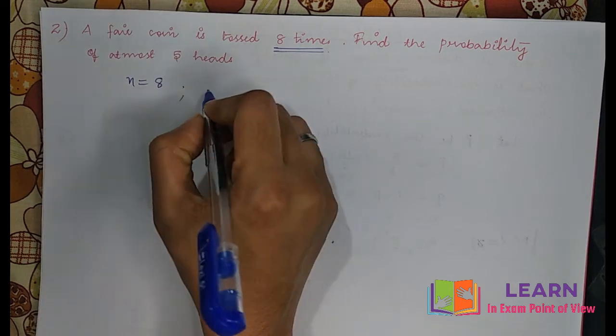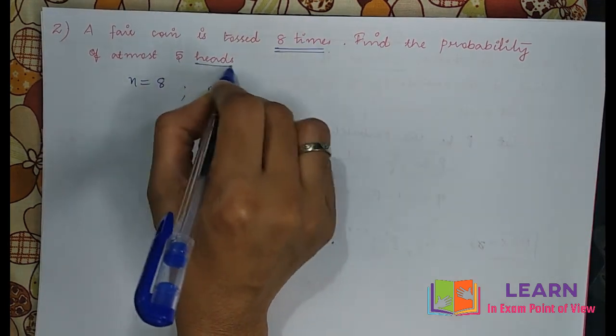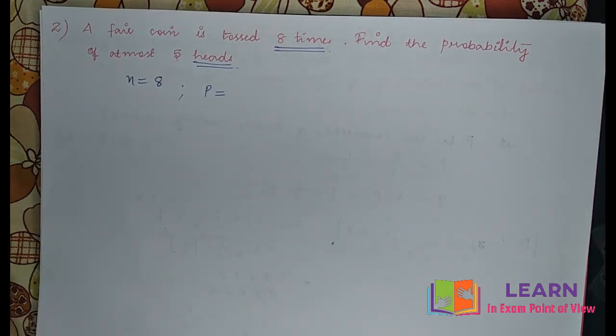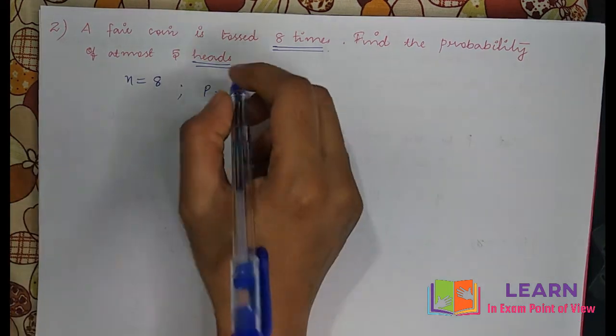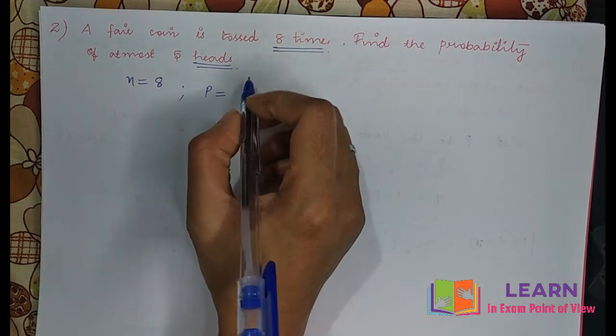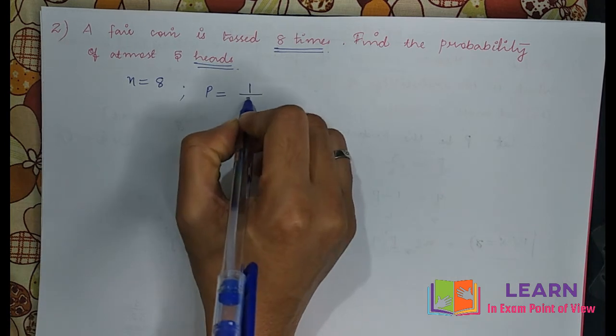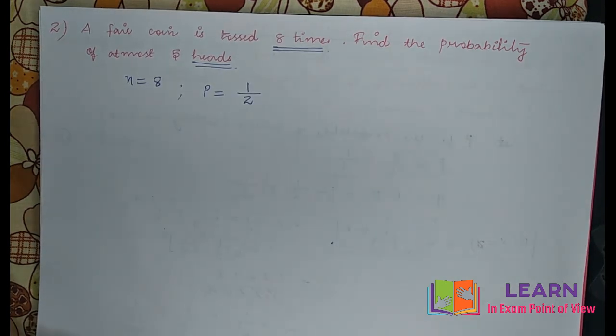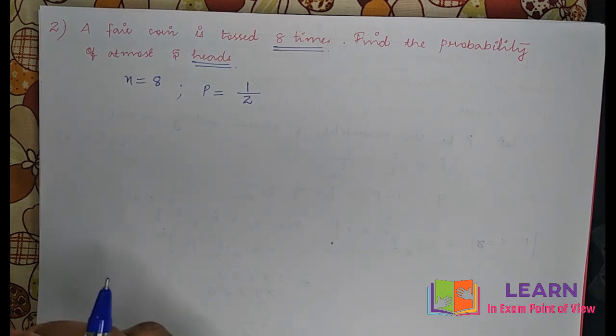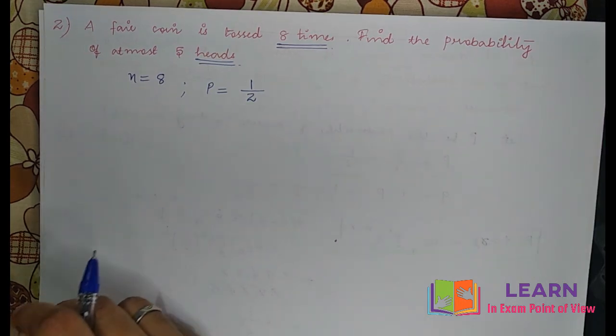And what is P? We have to get heads, right? Getting a head is a success then. 1 by 2 will be its probability, right? A coin has 2 sides, either head or tail. From that, getting a head has probability 1 out of 2.